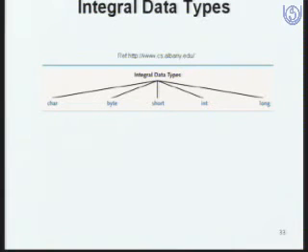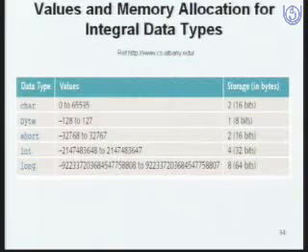Let us see these in detail. Character is basically used for storing a character value, and the storage capacity for this is 2 bytes. You cannot store a character beyond 2 bytes.